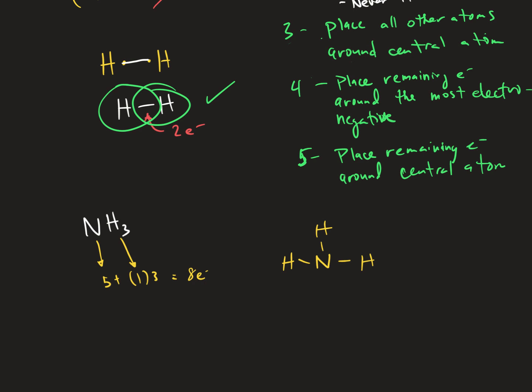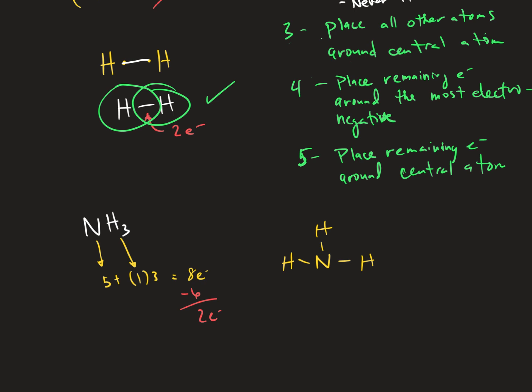And again, you can place them on any side, doesn't matter. How many electrons have we used so far? 2, 4, 6, good. Each bond represents 2 electrons. So we take 6 away and we have 2 electrons left. Where do we put them?